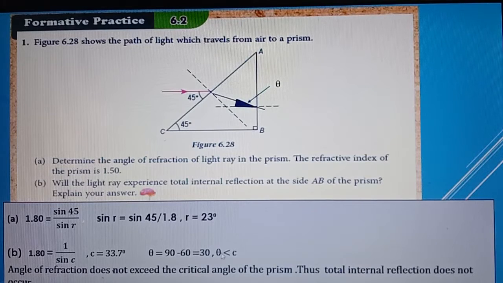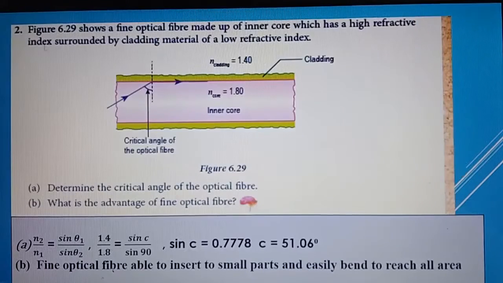So we get a value smaller than the critical angle. When that value is smaller than the critical angle, meaning the angle does not exceed the critical angle of the prism, thus total internal reflection does not occur. So no total internal reflection, meaning when the light ray reaches this point, it will be refracted away from the normal.